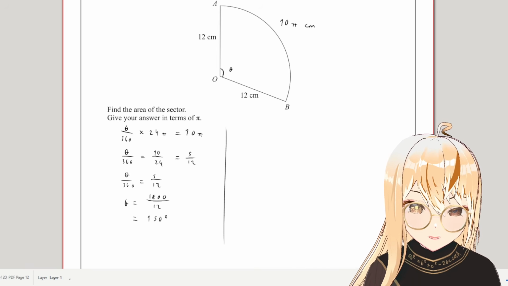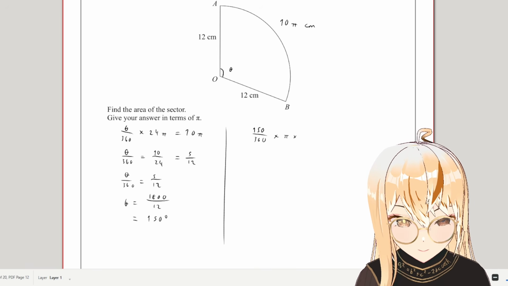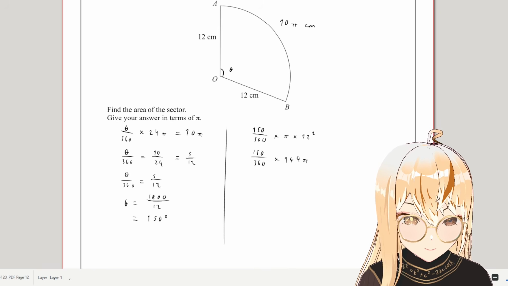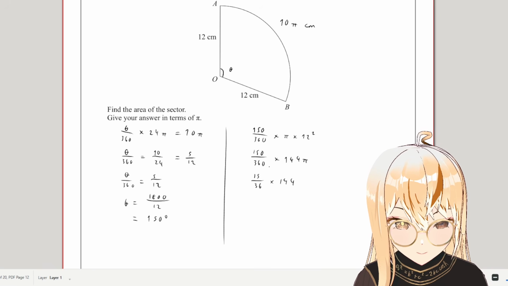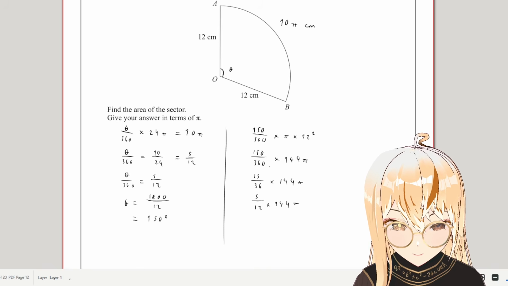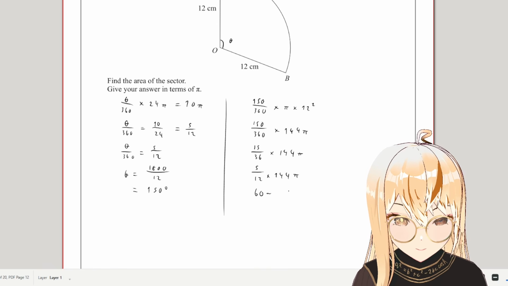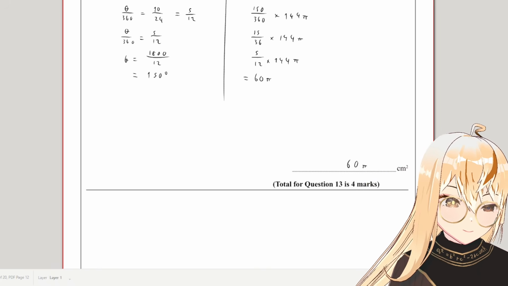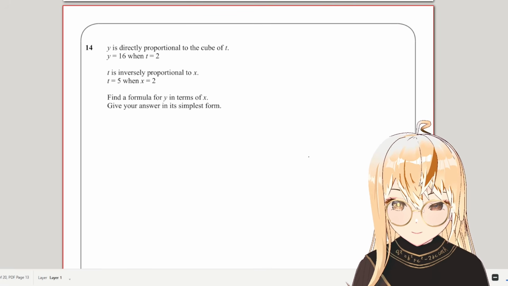Now let's find our area. Let's write our proportions out.